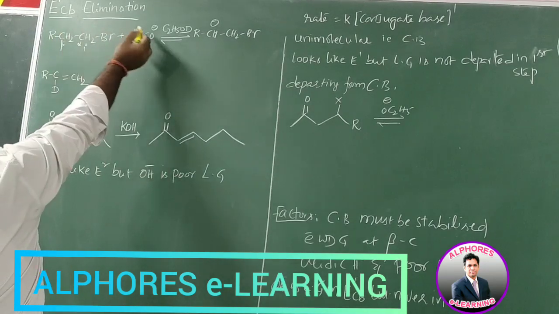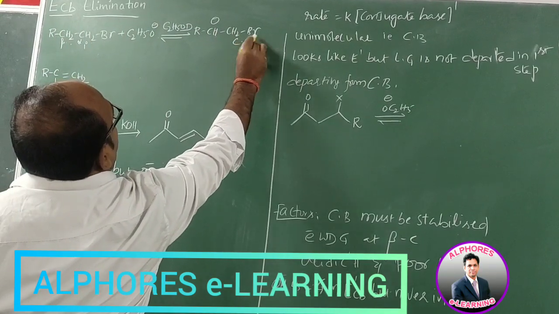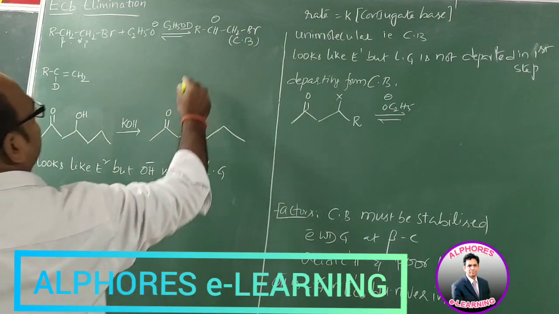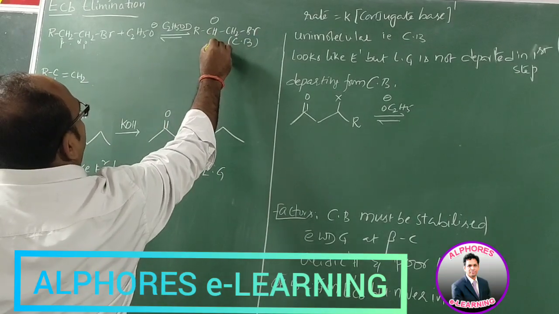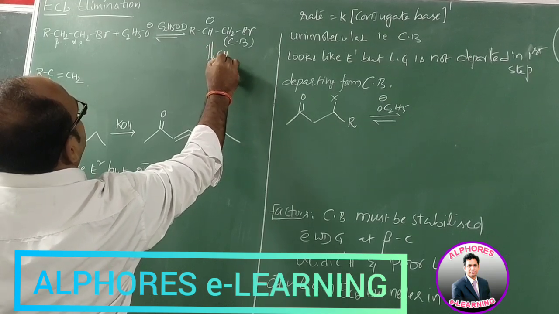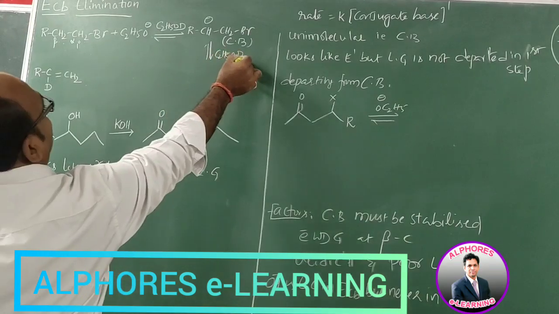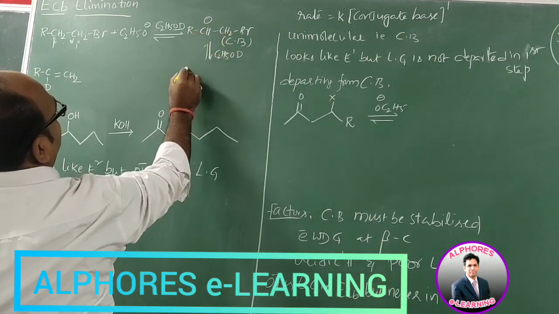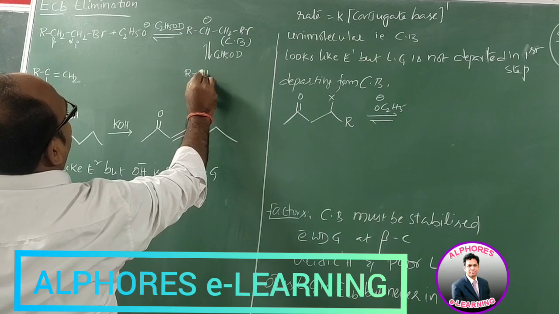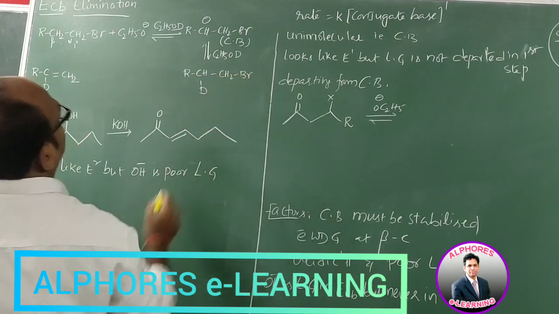So it abstracts that H plus, and as a result we get the conjugate base. This conjugate base is going to abstract a proton from the solvent, deuteroethyl alcohol. It abstracts deuterium, and as a result we get RCHD and CH2Br.